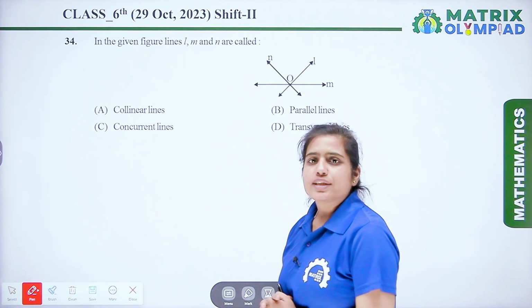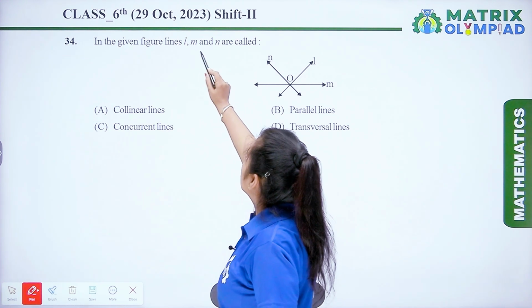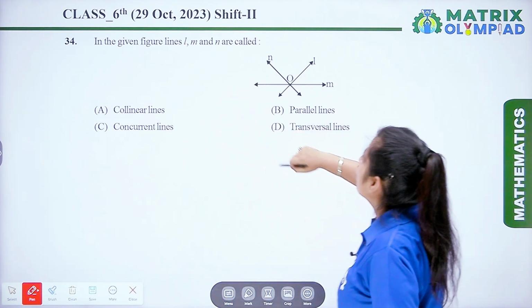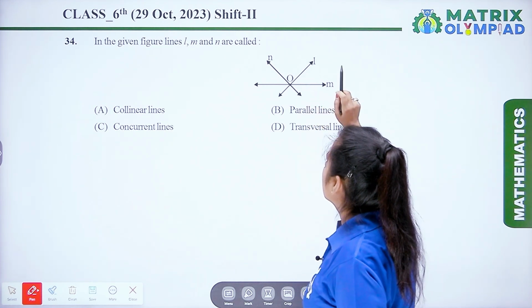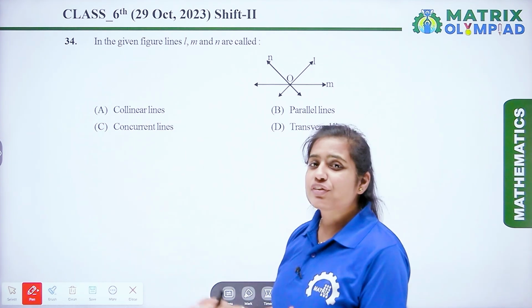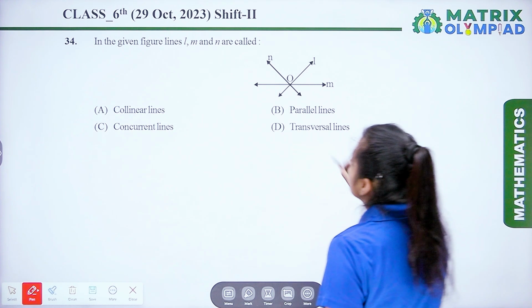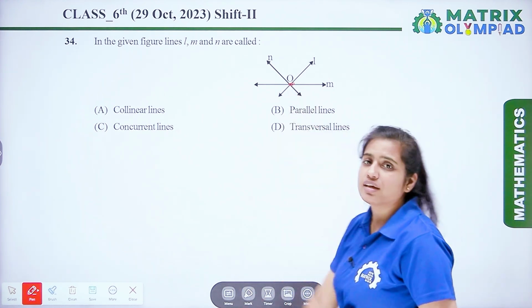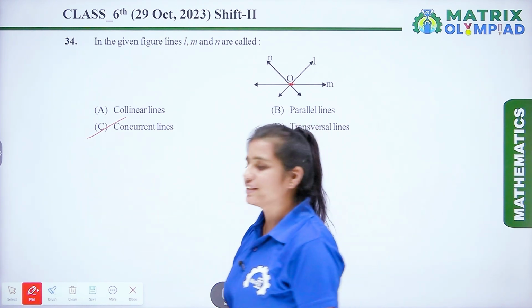Now the next question is question number 34. In the given figure, lines L, M and N are called concurrent lines because 3 or more lines in a plane passing through a single point are known as concurrent lines. So here option C is the correct answer.